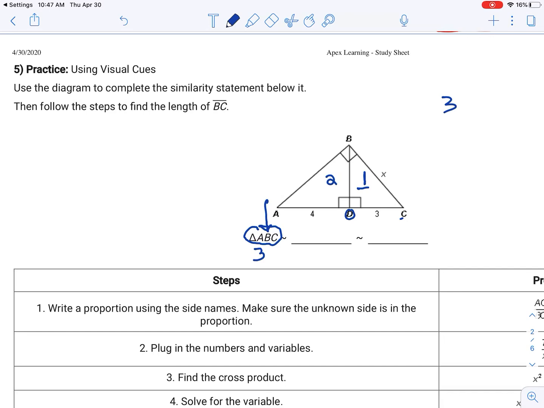So I would look at their hypotenuse, okay? So what's the hypotenuse of the whole big triangle? That's AC, right? What is the hypotenuse of triangle number 1? That's BC. So in my congruent statement in the beginning, I see that the hypotenuse AC, those two letters are first and last.